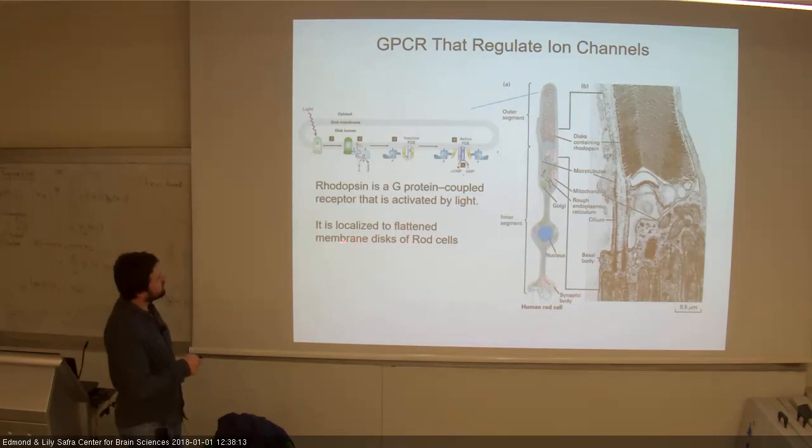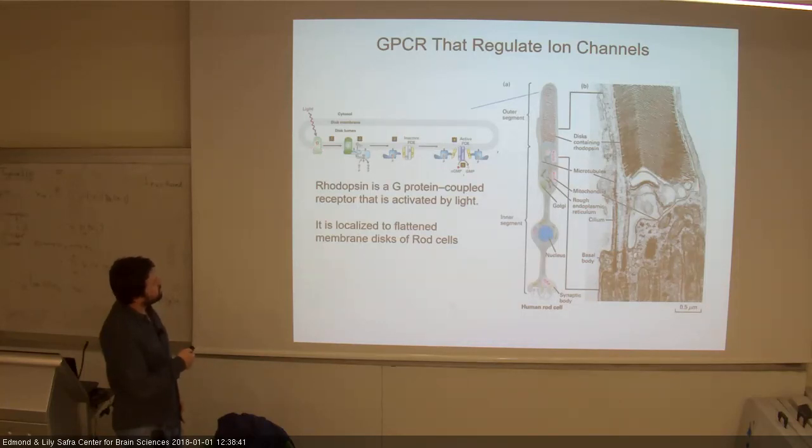So it's localized in these. This is an EM image of a rod cell, a human rod cell that is sensitive to low light conditions, and it is responsible for black and white vision. And inside these discs that are inside the cell, you can find a high concentration of these rhodopsin proteins.